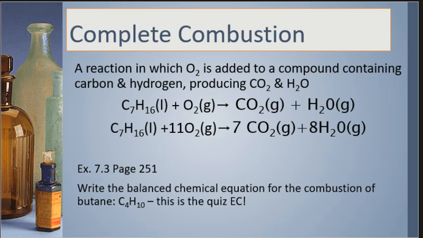O2. O2 yields me what? CO2 plus H2O. Okay. And that's it? Right? That's your equation. Very good. Everybody got that? If I tell you combustion, always in your mind say CO2 and H2O, CO2 and H2O. And don't forget to add your O2 on the front.